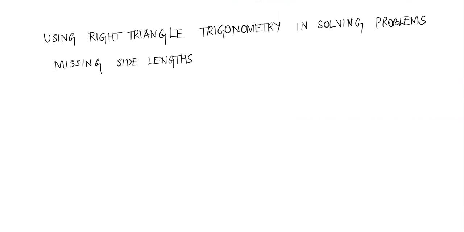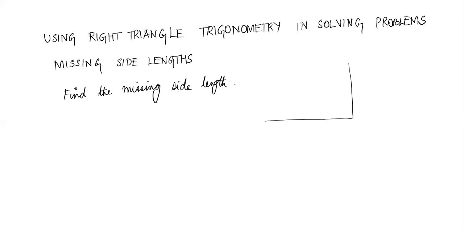So then we say, find the missing side length for this given triangle. And you know, the vertices of the triangle always have to be written in capital letters.